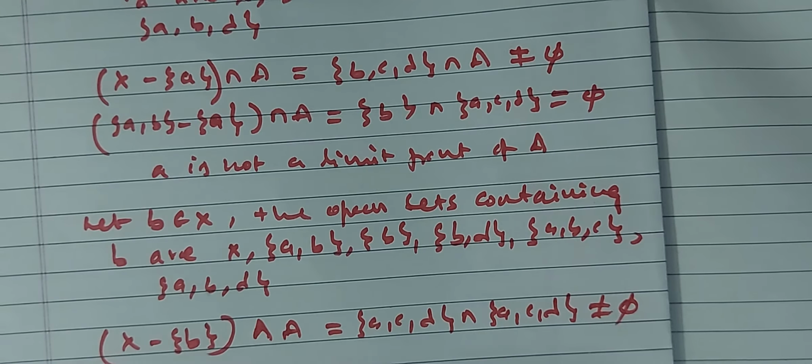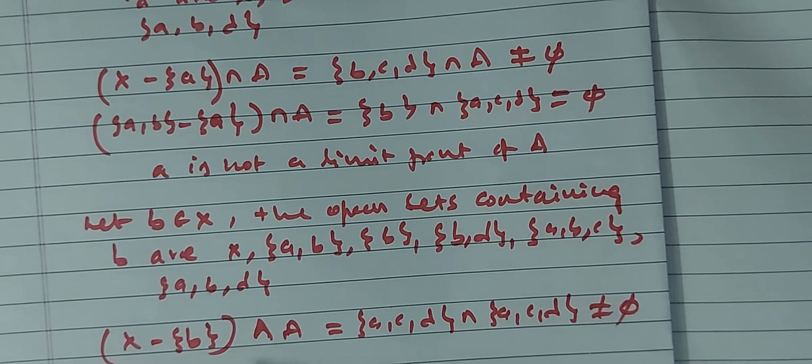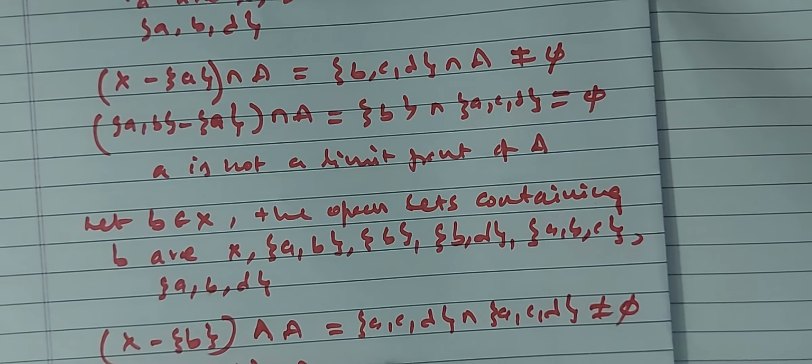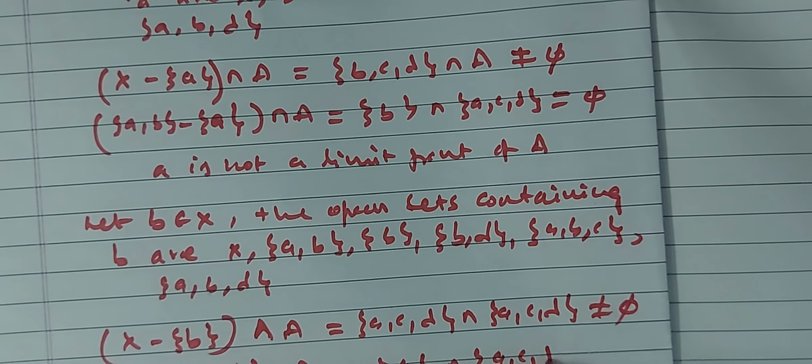Common elements are there. Next, the second one, ({a, b} minus {b}) intersection A is equal to {a} intersection {a, c, d}.